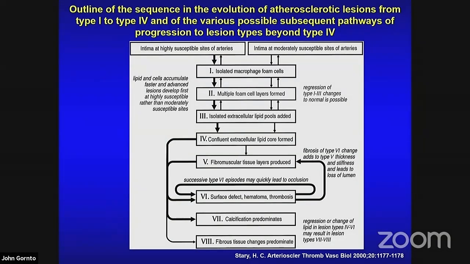So this was the classification. When we came up with our classification, Stary wrote an editorial and said, this is his classification. He says intimal highly susceptible sites, intimal moderately susceptible sites. These are the regression lesions and progressive lesions. And then, of course, fatty streak and fibroatheroma, and then calling it isolated lipid pool, fibroatheroma.